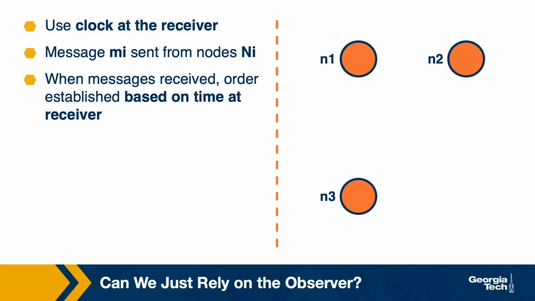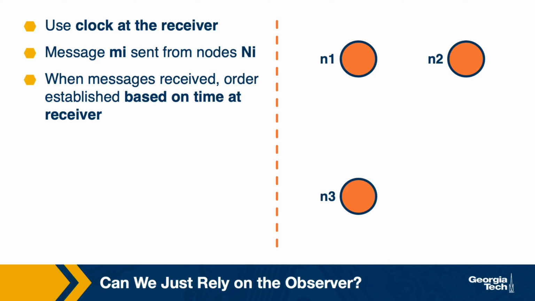If we understand that we need time in order to order the events in a distributed system in a correct way, let's see what are the ways we can make observations about the timing of events. One simple way is to rely on the receiver to make observations about the timing and ordering of events. Let's assume that each node in the system sends a message whenever an event occurs.